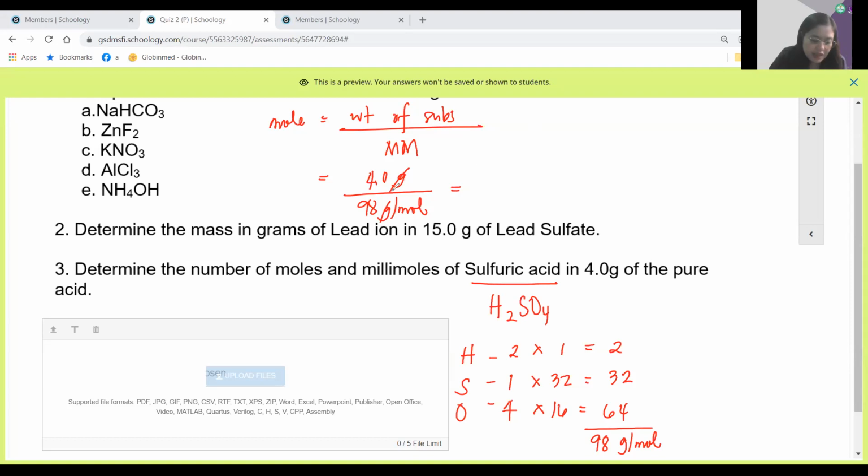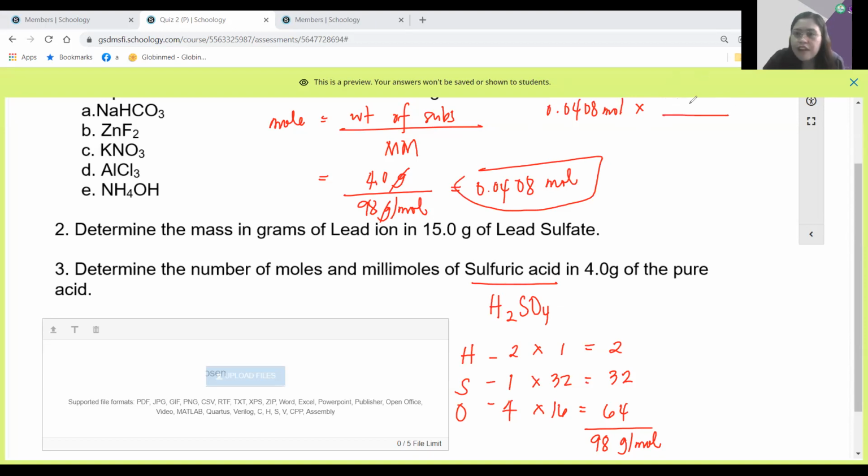So 4 divided by 98 is 0.0408 mole. If you just answer 0.04, I have no problem with that. So 0.0408 mole, this is for the mole, ha, dalawa yung hinahanap, millimole. So our conversion factor sa isang millimole, you have 10 raised to the power of negative 3 mole. So you cancel this.